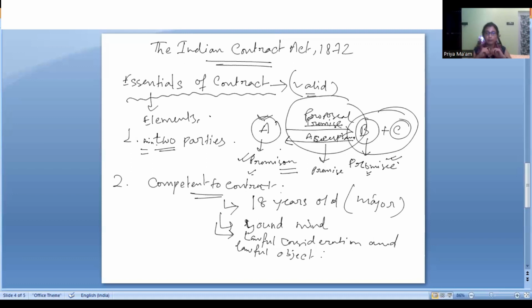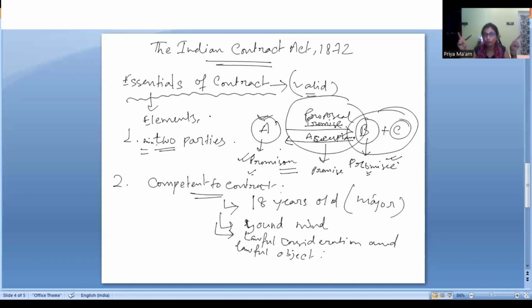I am giving an example. Suppose Mr. A and Mr. B are making a contract that if he will purchase his house at a very high price, then Mr. A will give some drugs to B in excess. This is the consideration.